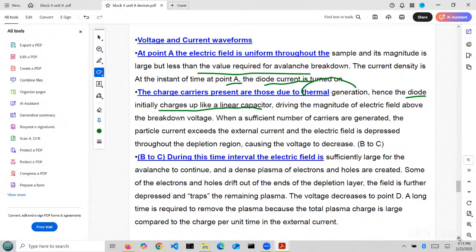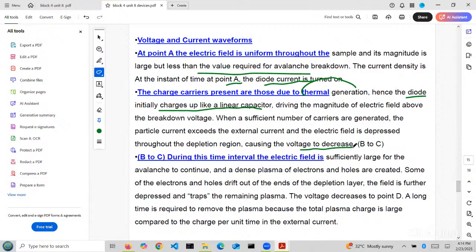The diode initially charges like a linear capacitor, driving the magnitude of the electric field above the breakdown voltage. When a sufficient number of carriers are generated, the particle current exceeds the external current and the electric field is depressed. Depressed means discharging here. Discharged throughout the depletion region, which causes the voltage to decrease.